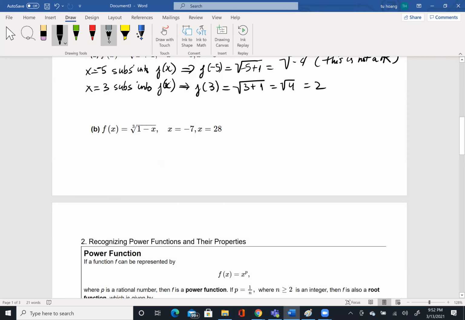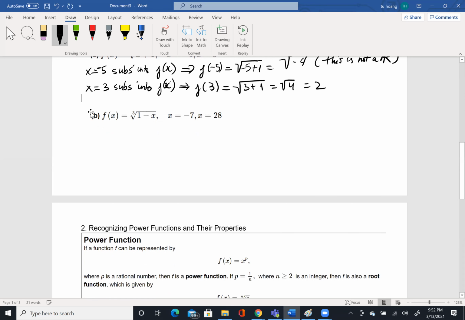Maybe move up a little bit. Okay, so I have f of x equal to cube root of 1 minus x. And now for x equal to -7, substitute into f of x. What do I have?